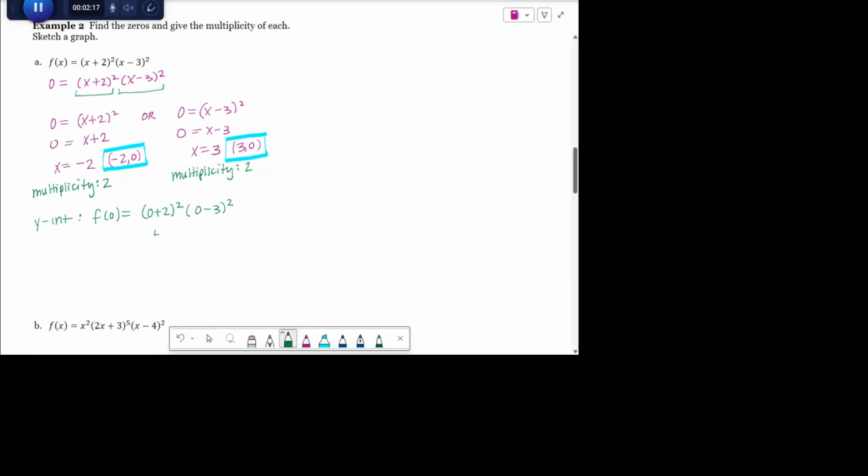So this is 4 and 9, so it looks like we're getting 36. So (0, 36) is going to be our y-intercept.